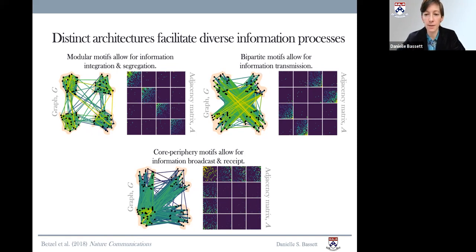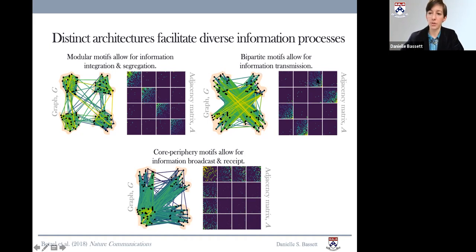So that's definitely important, but I want you to also consider 2 other architectures that may be important. Bipartite structures, where we have connectivity preferentially between 2 groups of nodes rather than within groups of nodes, could be very helpful for targeted information transmission rather than processing. And that is illustrated on the left-hand side by the graph, but I also want you to notice the structure on the right-hand side in the adjacency matrix.